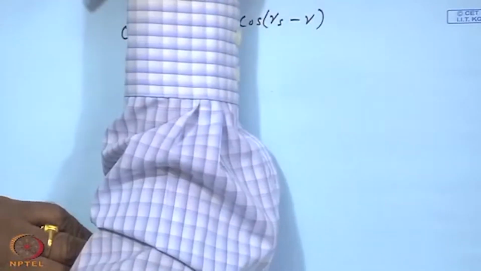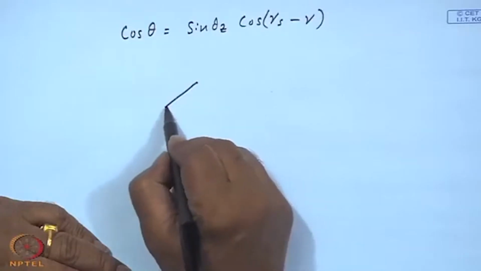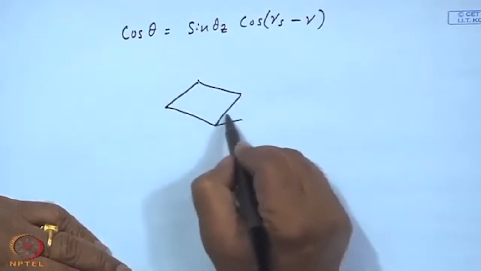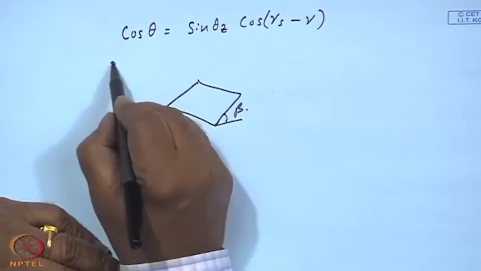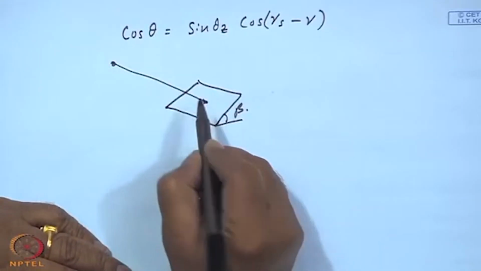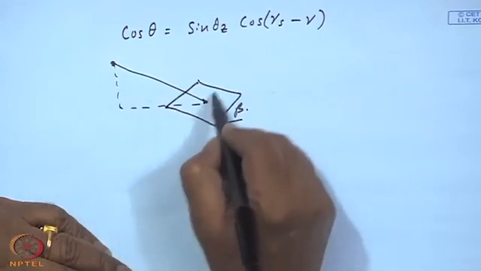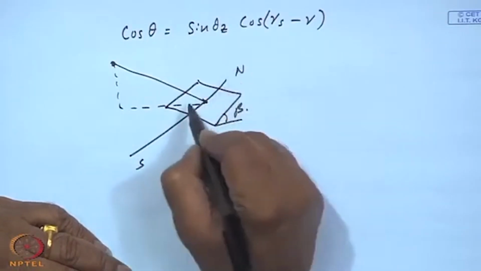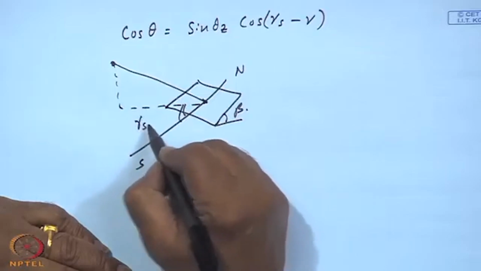I think the next picture should be, yeah, you have got the tilted surface with an angle beta, and the sun's ray is coming something like this. If I take the projection of the sun's ray, and if this is your south-north, then this should be your gamma s.